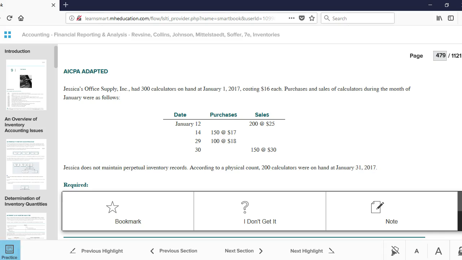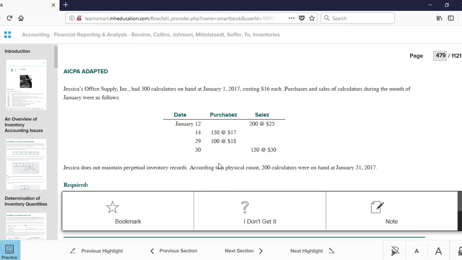So the first question then is, let's do this under FIFO, and we know we've got 200 units left over, and we also know that we sold the 350 units, and FIFO is first in, first out. I'm assuming that the oldest goods are sold first, so under FIFO, the oldest goods were sold first, and what's left over is the most recently acquired goods.